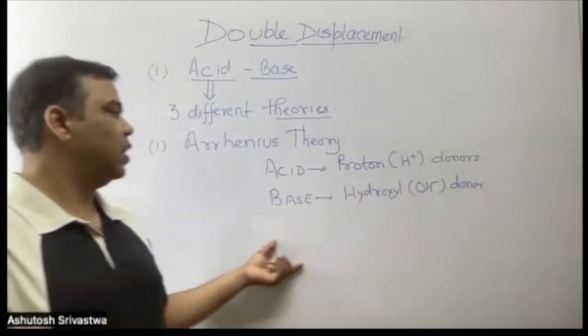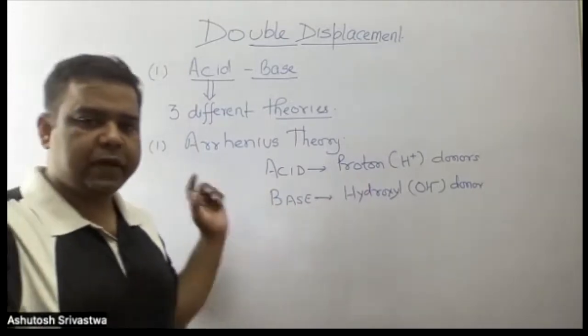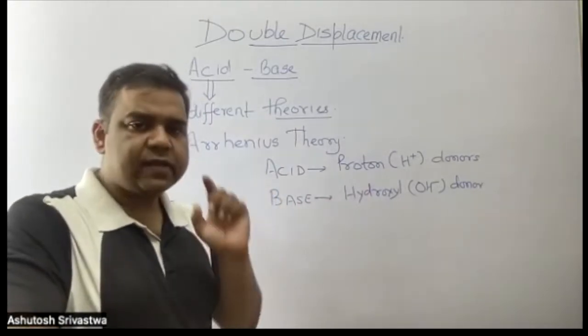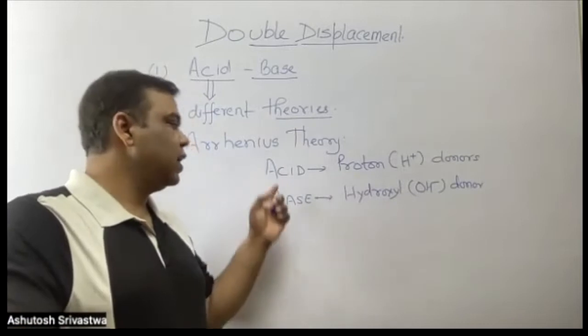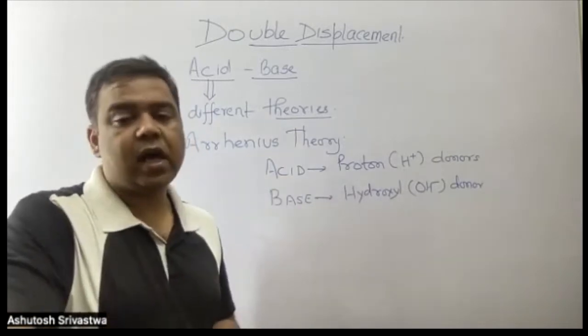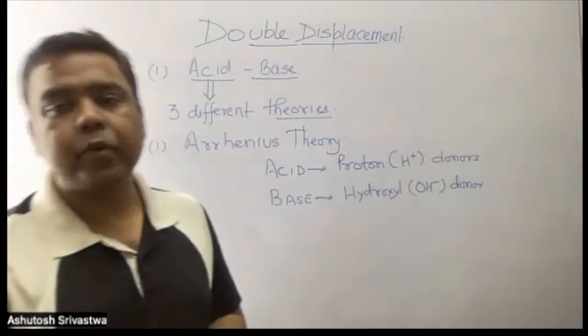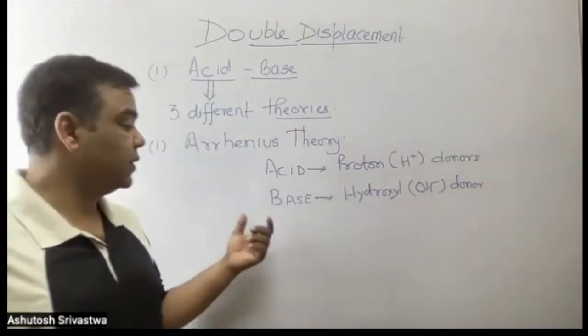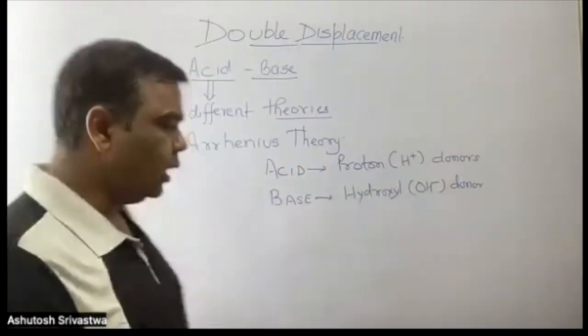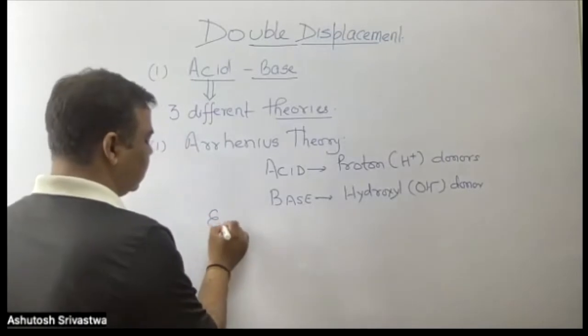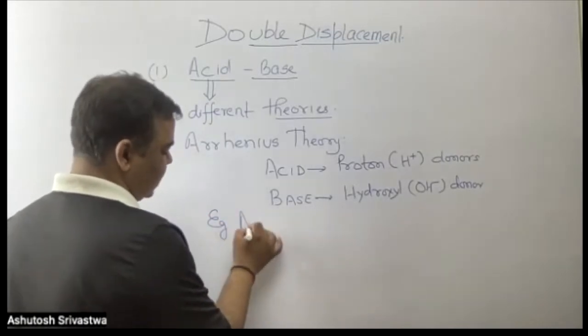Then we will say it is an Arrhenius acid-base pair. Arrhenius acid-base pair simply tells that acids are proton donors and bases are hydroxyl donors.